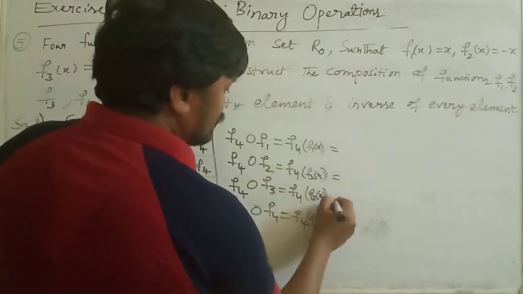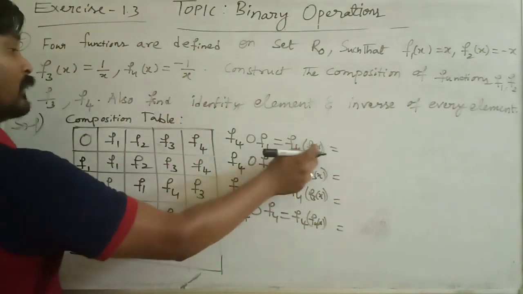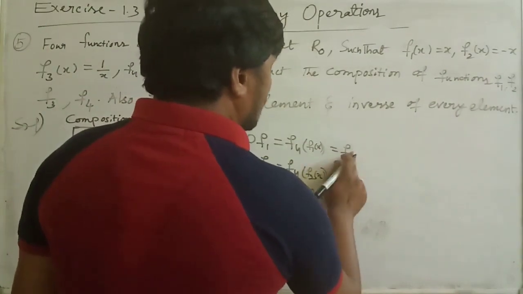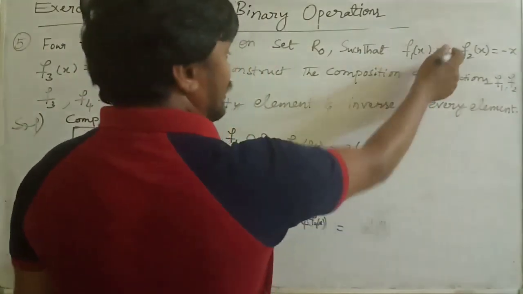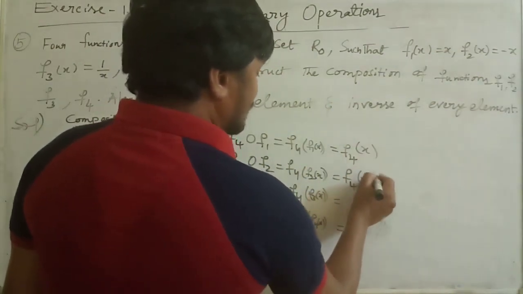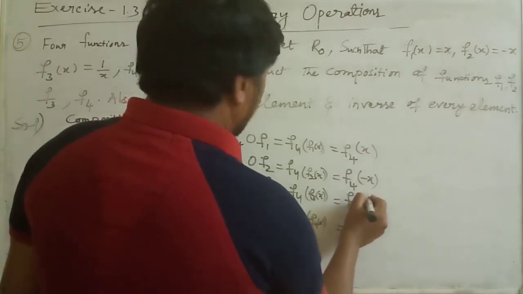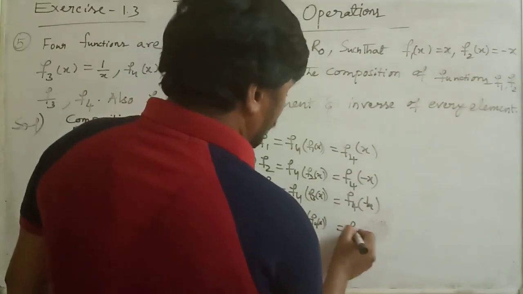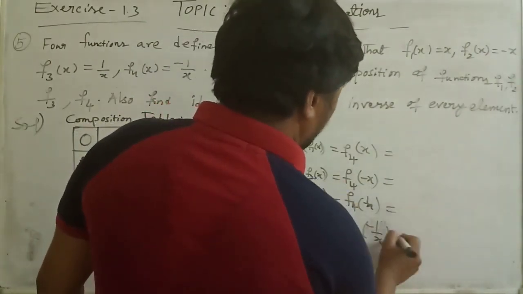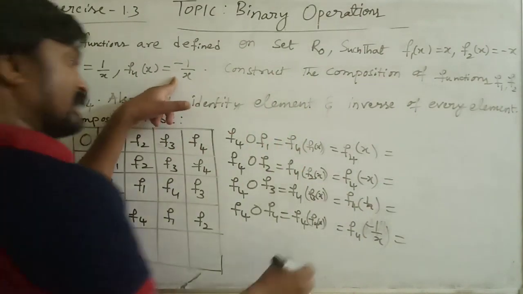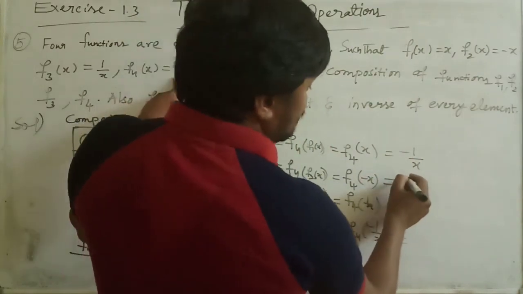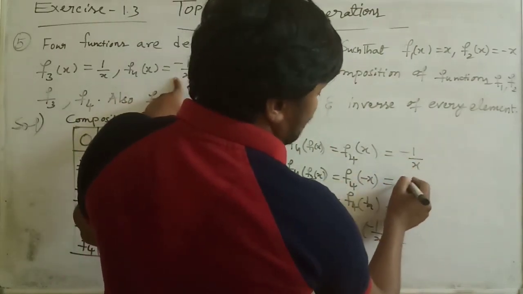When you solve this, what are you going to get? Check. So f4 of f1 of x: f1 of x is x. So write f4 of x, f4 of minus x, f4 of 1 upon x, and f4 of minus 1 upon x. Now what is f4 of x? You know that it is minus 1 upon x. f4 of minus x means minus 1 upon minus x, so minus into minus becomes plus, giving 1 upon x.